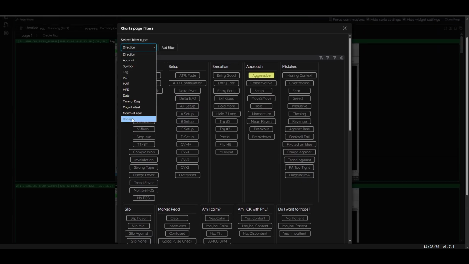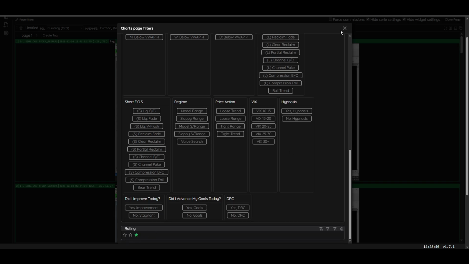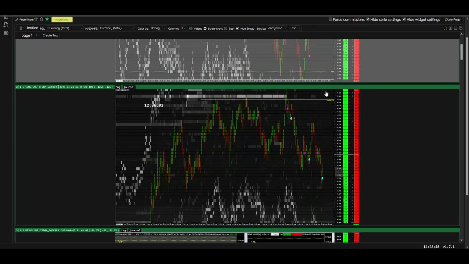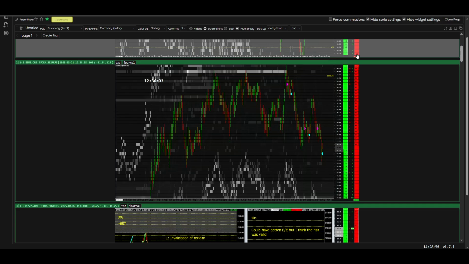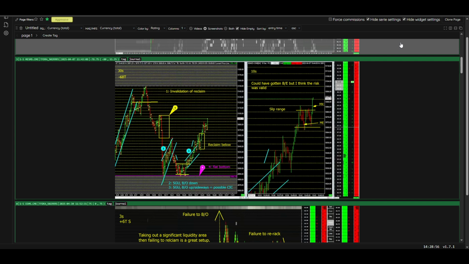Okay. Clear here. It's a long. And I just put a reclaim on my back end. Okay, well.